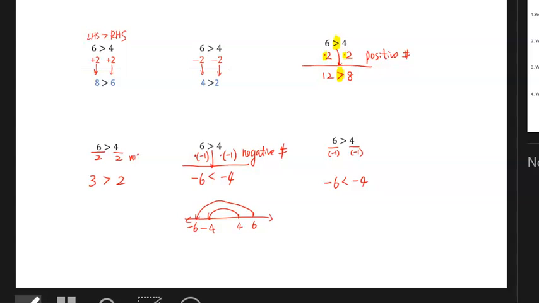Again, when we multiply or divide by a positive number, the sign does not change. Greater than will still be greater than. But when we multiply or divide by a negative number, the sign must change. We have to reverse the sign from greater than to less than, or less than to greater than.